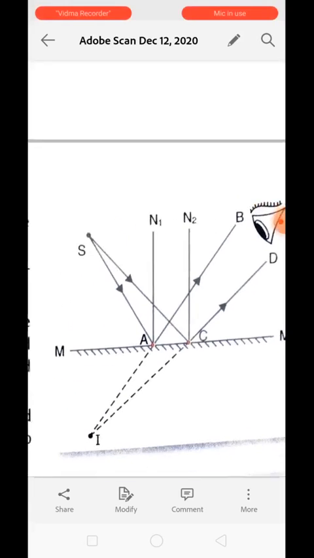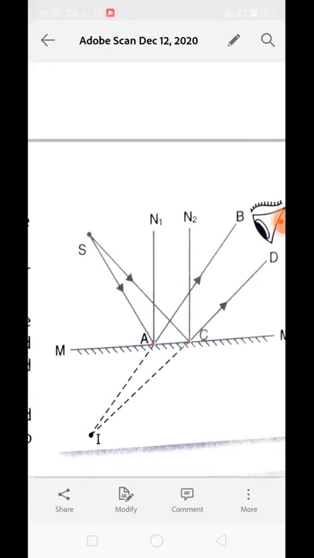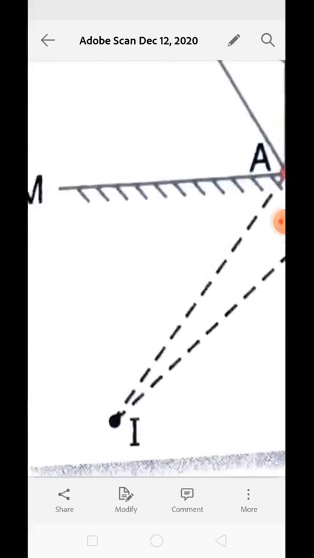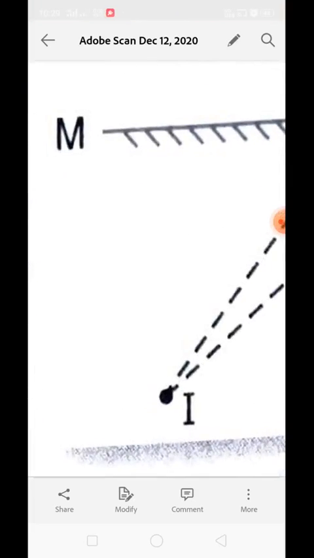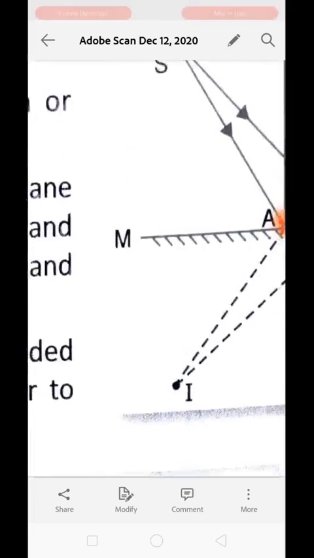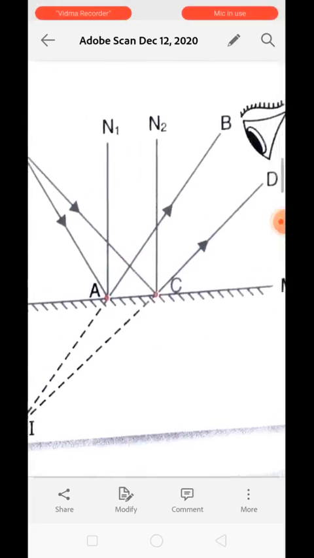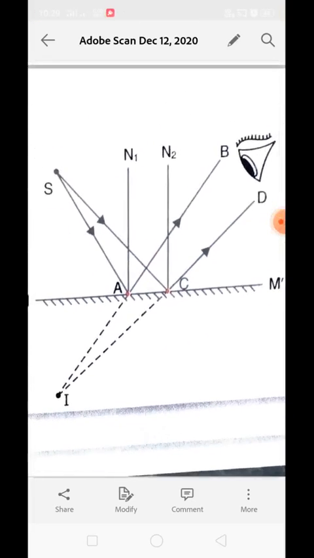You will notice that these rays actually meet at a point known as I, and this is the point where the image gets formed. So we are seeing the image, not the object.